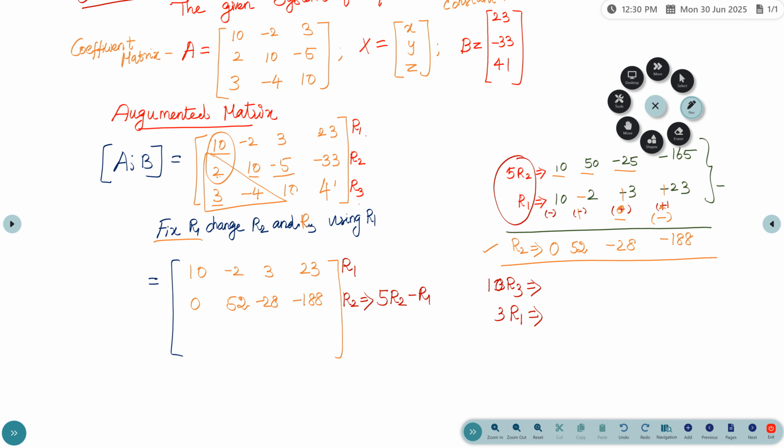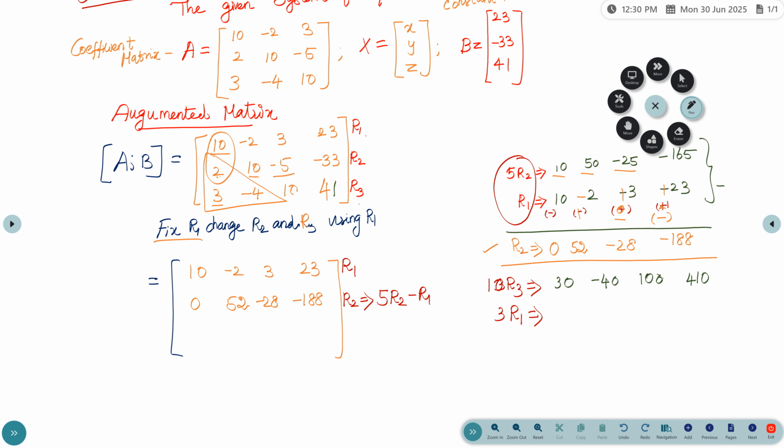So what is your answer here? If you multiply row 3 by 10, then 3 tens are 30, minus 4 into 10 is minus 40, and 10 into 10 is 100, and 10 into 41 is 410.